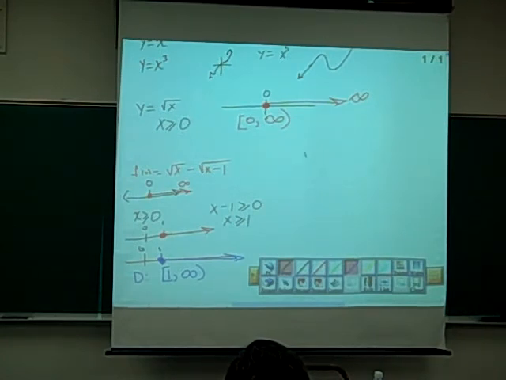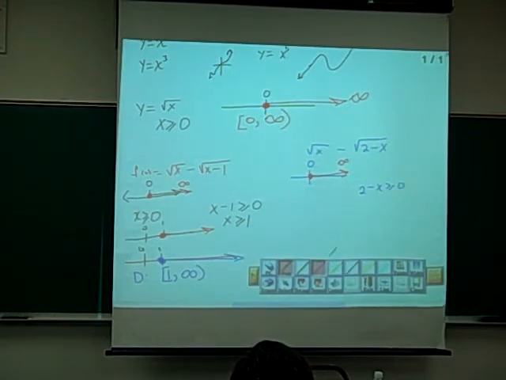Let's say here we have again the square root of x, and then here we have the square root of 2 minus x. Well, we already know this one is from 0 to infinity. But here we have 2 minus x greater than or equal to 0.